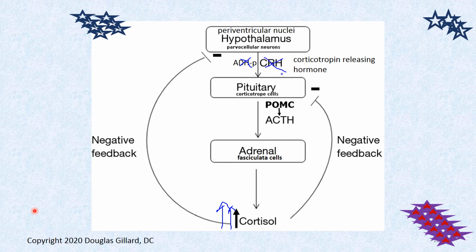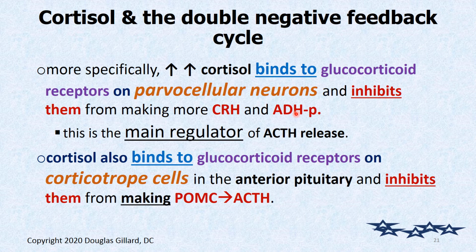With those two guys out of action, you can't drive corticotroph cells to make POMC and ACTH. It'll also, in case that's broken, bind to corticotroph cells and just also knock this out. So double negative feedback system. Don't miss that on the boards.